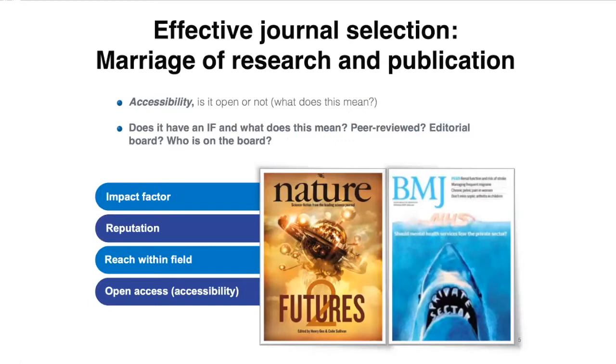Authors around the world, when selecting a journal for their papers, tend to think about these issues: impact factor, the reputation of the journal, the reach of the journal within their particular research field, and whether or not the journal is open access.